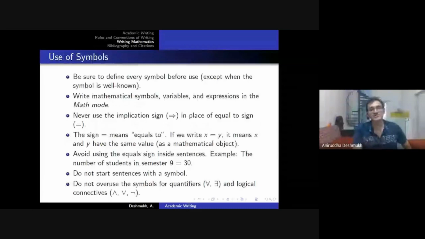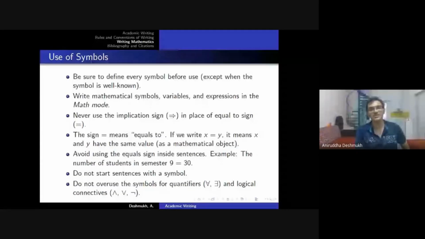Now, how to use symbols? First of all, be sure to define each and every symbol before you use it. Suppose you want to denote a function by small f, then you first say, let f be a function. Then you use f everywhere. You can ignore this rule when the symbol is well known, such as the Euler number e or the ratio of circumference to diameter, pi.